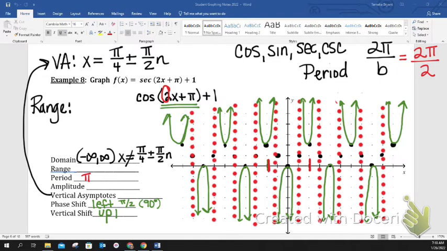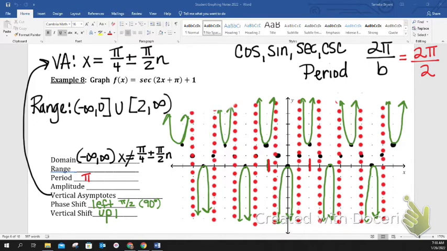So for my frown, the frown is negative infinity to 0. So negative infinity to 0, put a bracket. Union. And then my smiles are 2 to infinity. So that's my range.